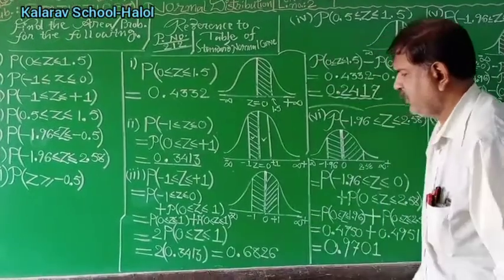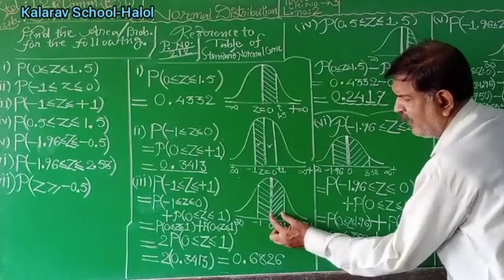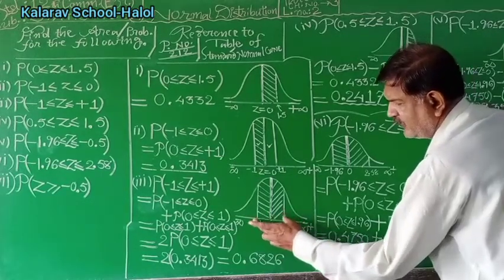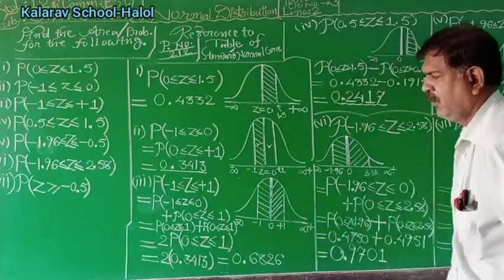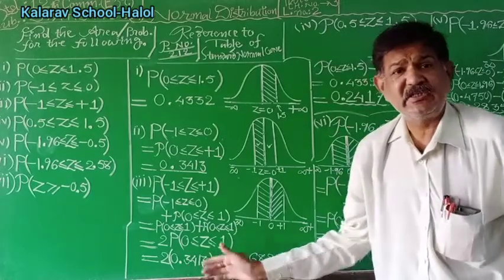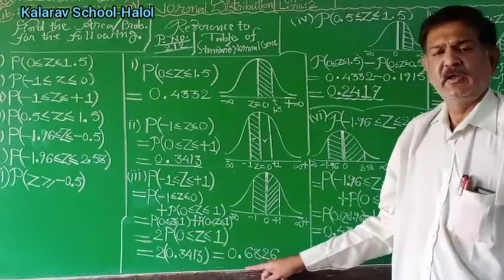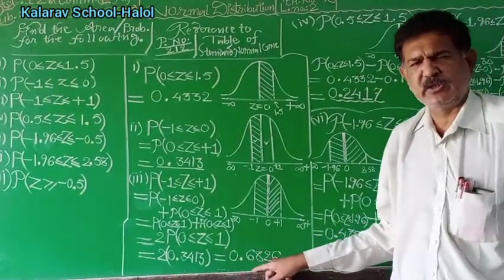So if you take twice this probability, twice this area, then it is the whole area, that is, 2 times the probability between 0 and 1. We know the probability between 0 and 1 is 0.3413. Two times 0.3413, if you multiply, the product is 0.6826.